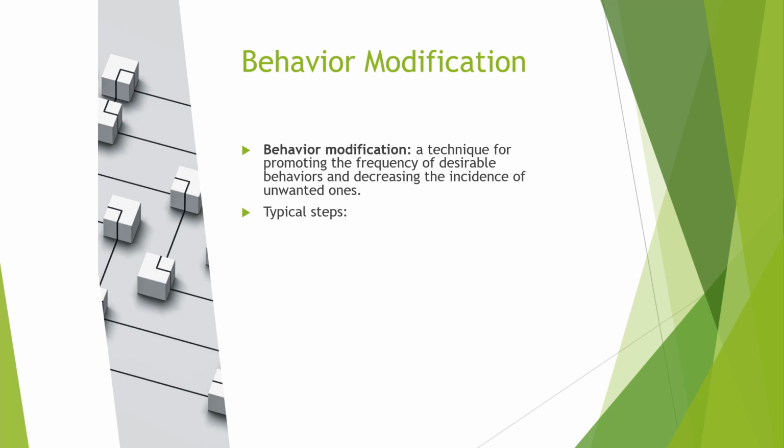So there are typical steps involved with behavior modification. And we're going to talk about these 6 different steps that are involved. The first one is to identify the goals and the target behaviors. That's what you have to start out with first. What is the desirable behavior that you want to see?